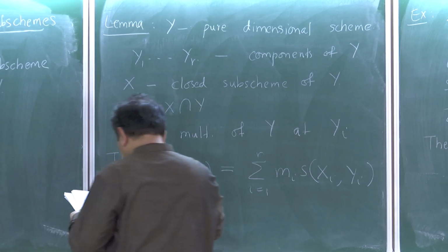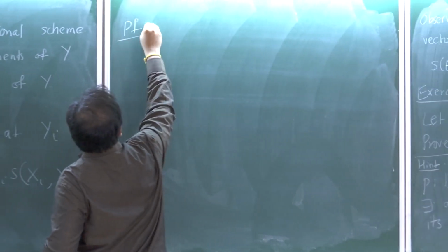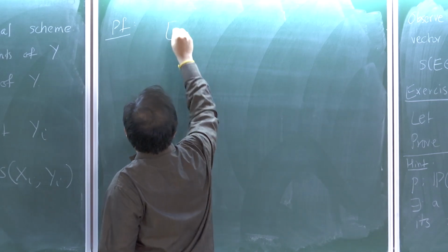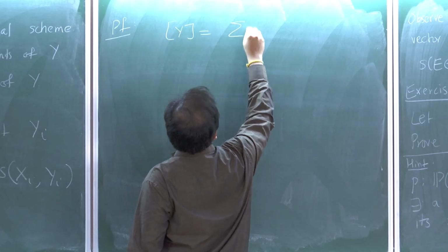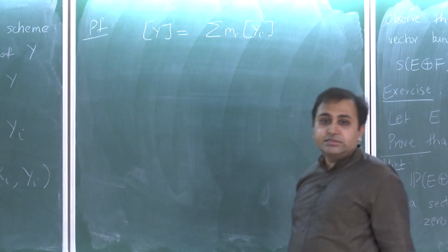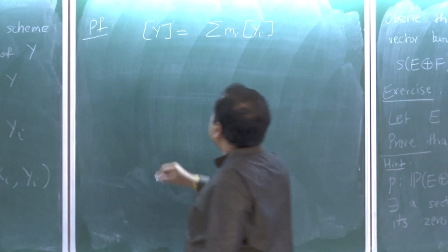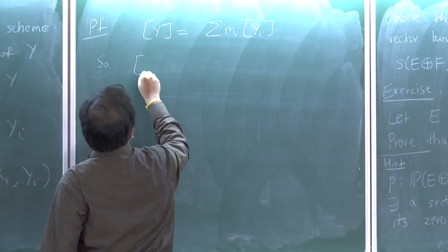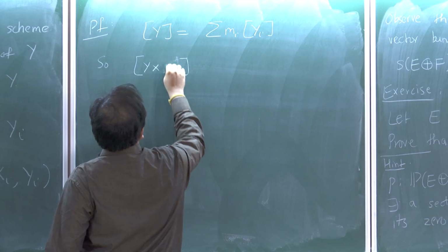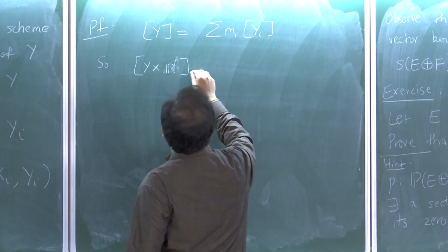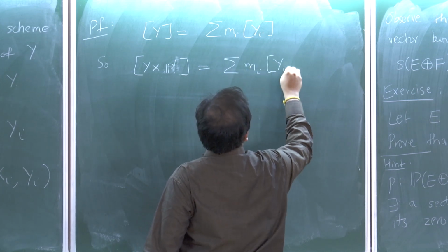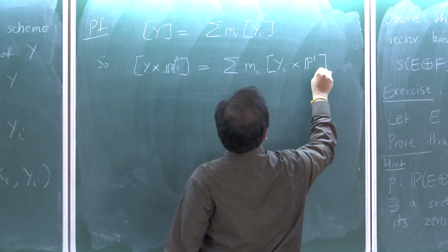Okay, so the proof is as follows. See, what you have is Y is equal to summation mi Yi, right? That is what you have been given. Now from this it follows that Y cross P1 is equal to summation mi Yi cross P1.